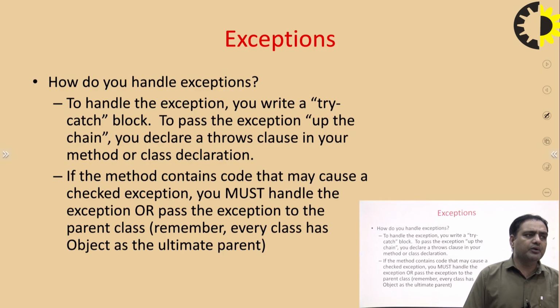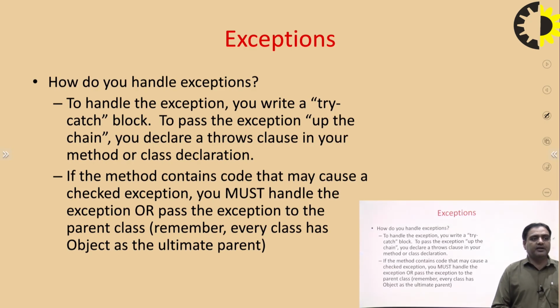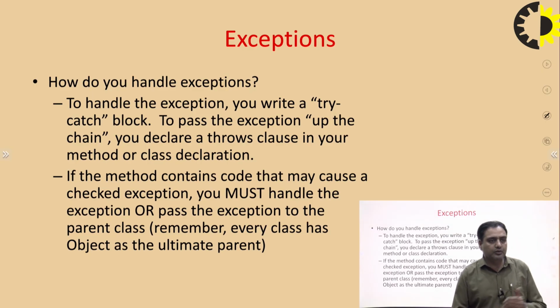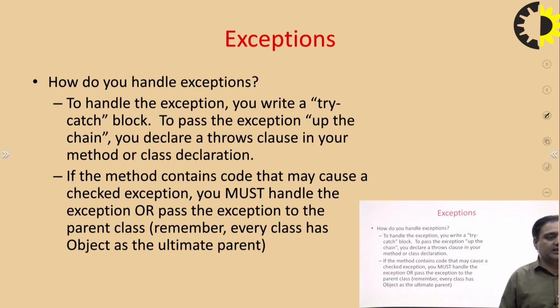So how do you handle exceptions? To handle an exception, you write a try catch block, or pass the exception up the chain by declaring a throws clause in your method or class declaration. If the method contains code that may cause checked exceptions, you must handle the exception or pass it to the parent class.